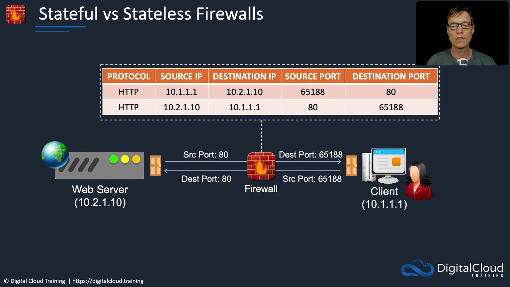Now, of course, this is a dynamically assigned port, so we don't know what that is ahead of time. So what you'd most likely have here is any. So rather than having the source port specified, we'd have the any specified. So any source port is acceptable. And then rather than a specific source IP, we might have any because it's an internet-based connection. So those are things that we can play around with in our rule tables. But the destination port will always be 80 because that's where the web server runs.